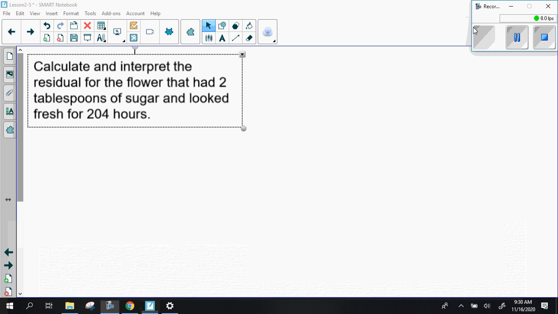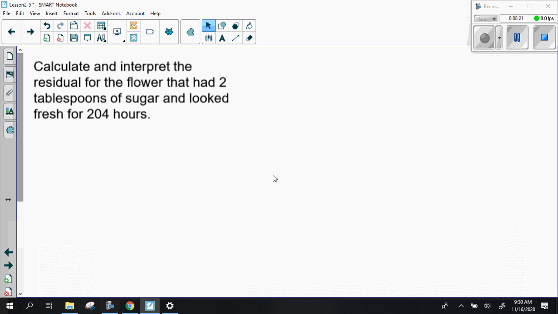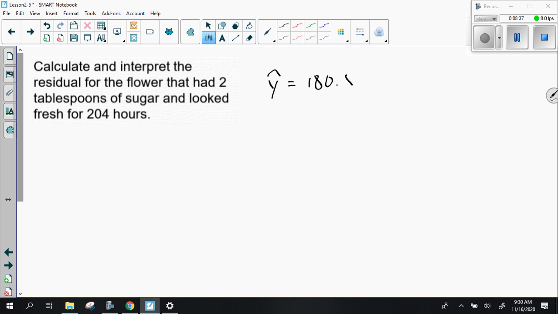Excellent. So we want to calculate and interpret this residual, and we're going to need our least squares regression equation. So that is y hat equals 180.8 plus 15.8x.